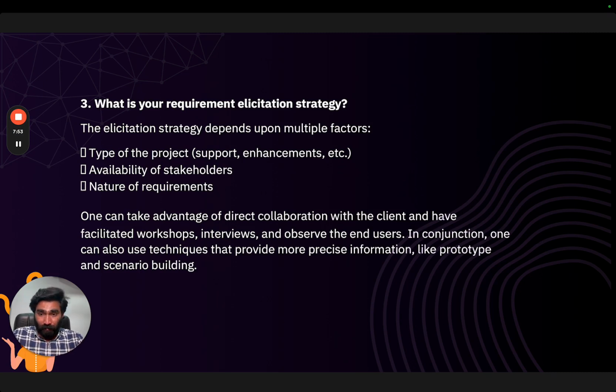All right. Then one can take advantage of direct collaboration with the client, and have facilitated workshops, interviews, and observe the end users. In conjunction, one can also use techniques that provide more precise information, like prototypes and scenario building. This seems more theoretical, but I have already explained how it works, so you can go through it.